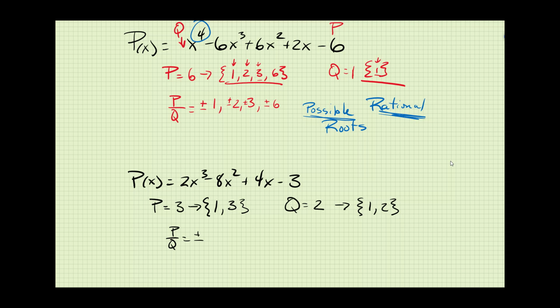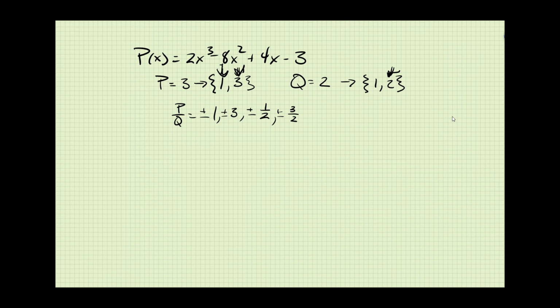So plus or minus, you start with the first of this one and divide it by the first of this set. So 1 divided by 1 is 1. Then the second of this one divided by the first, so 3 divided by 1 is 3. Then you take the first of this set and divide it by the second of this set, so 1 divided by 2. And finally, you take the second of this set and divide it by the second of that set, 3 divided by 2. And there's your list. Again, those are your possible rational roots.